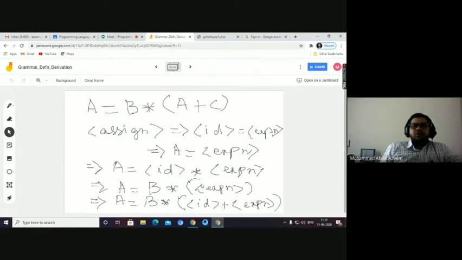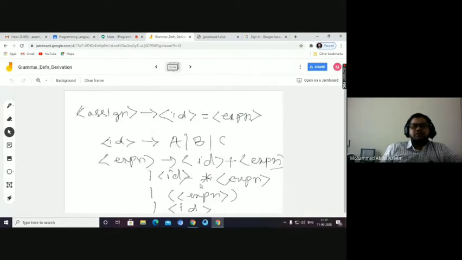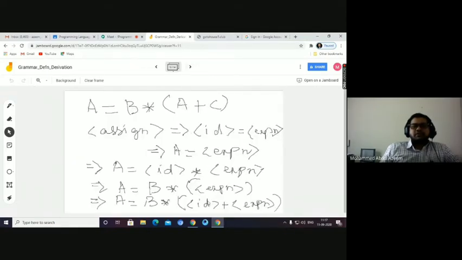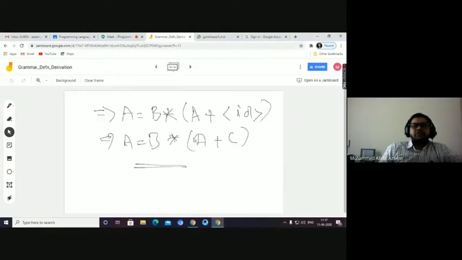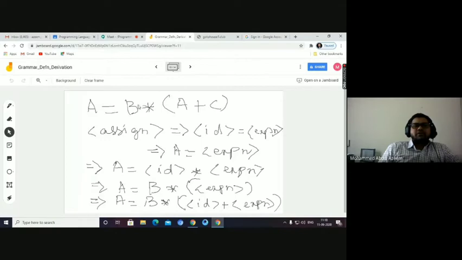Then A equal to B into, within parentheses, this expression when being expanded, we have taken another definition of expression, that is ID plus expression, right? So then in place of ID, we have substituted A, and then expression is defined with ID, and ID gets to C, because ID can be A or B or C. That's how we could see we have derived this statement using this grammar.